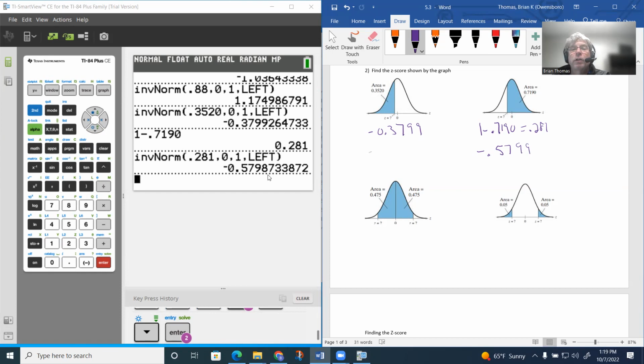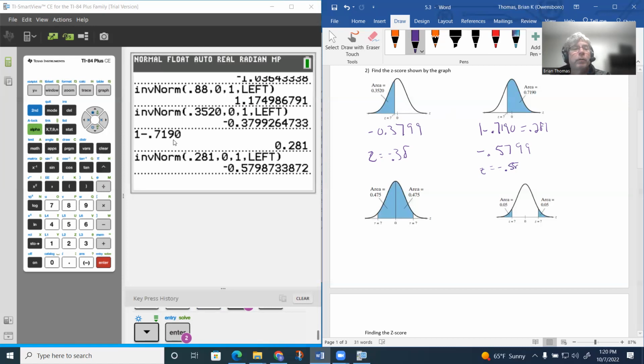So let's try that again. The z-score here should really be negative 0.58.